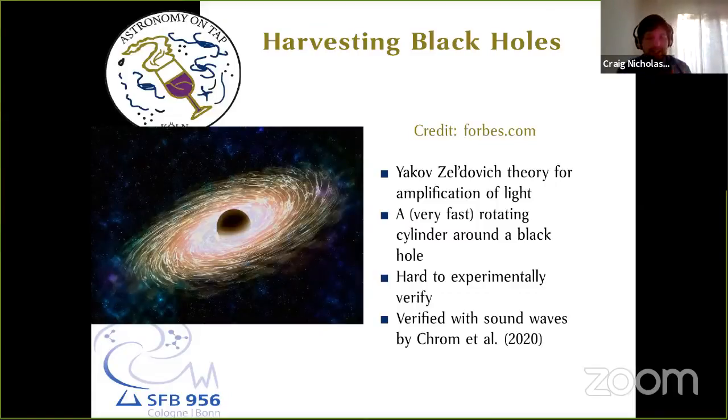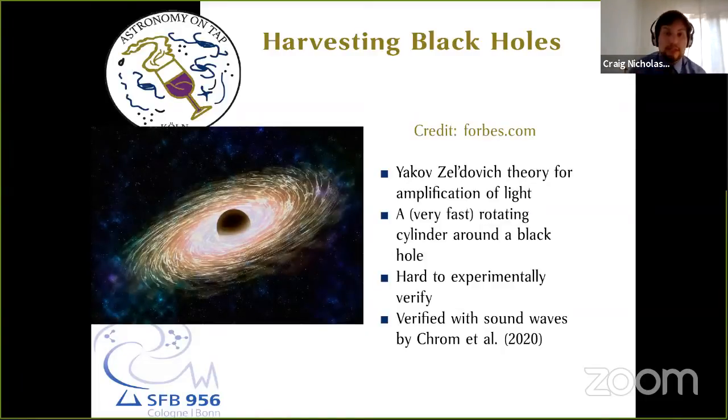So there was a team in Glasgow, and they wanted to test this, but they wanted to use acoustic waves rather than light. So they used acoustic waves, and the sound suppressor that they used to reflect the sound didn't have to spin at quite a high rate.